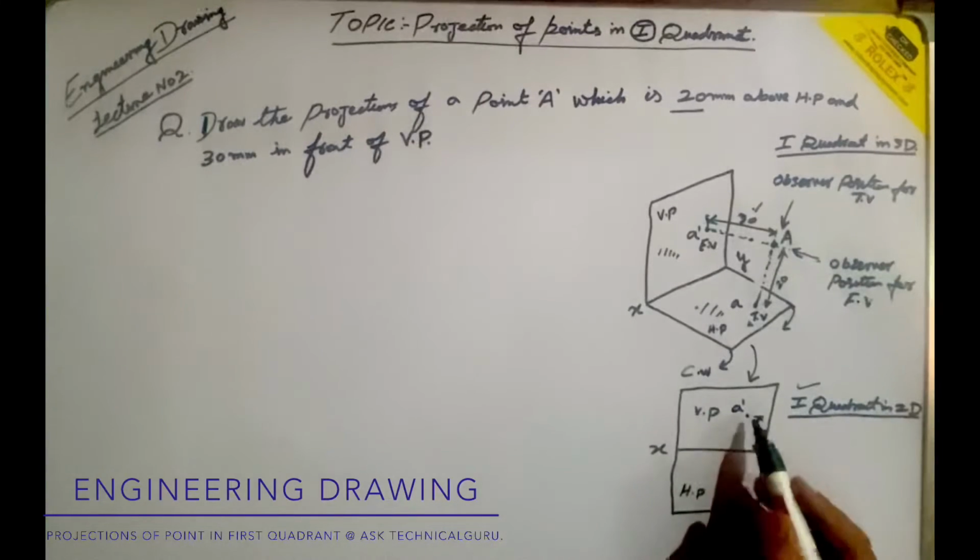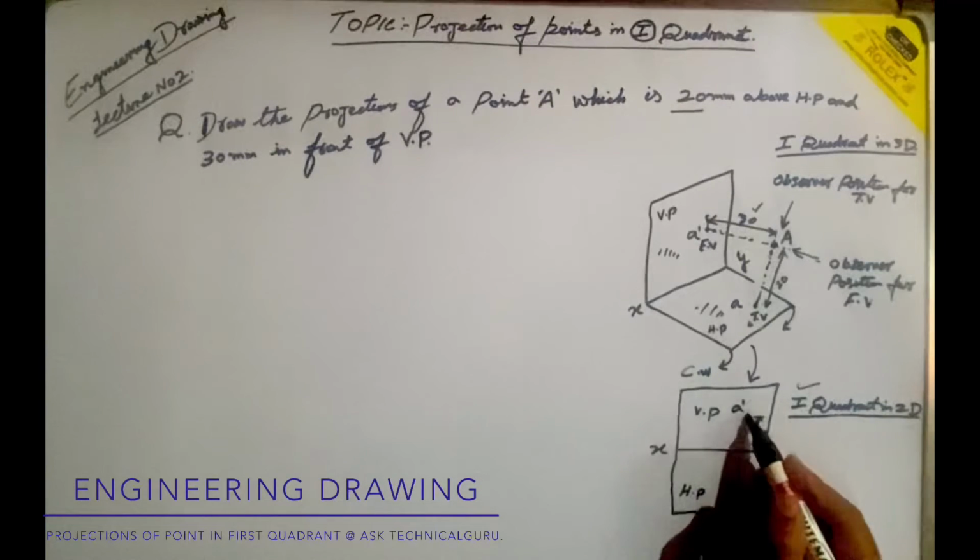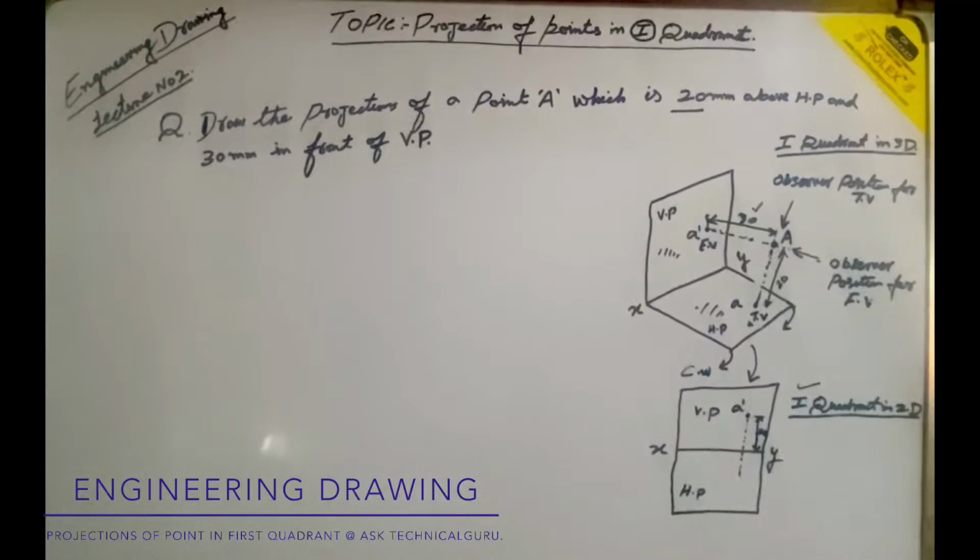This is the front view, and then we are supposed to draw a slight light line up to this point, which is known as a projector. This is the projection point and this is the projector. These are very thin lines drawn by a hard pencil, a 4H pencil.